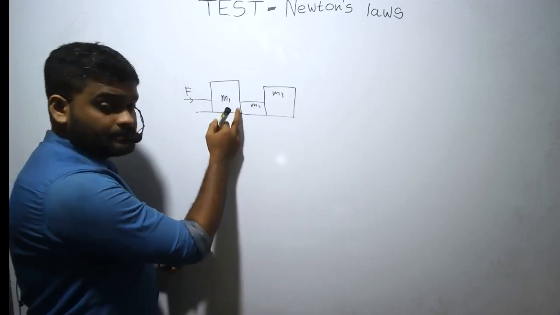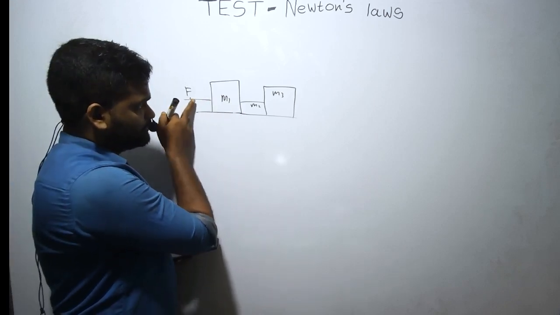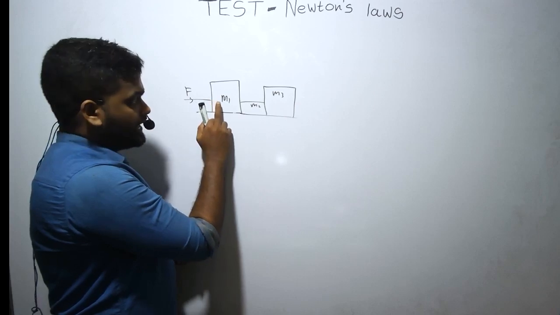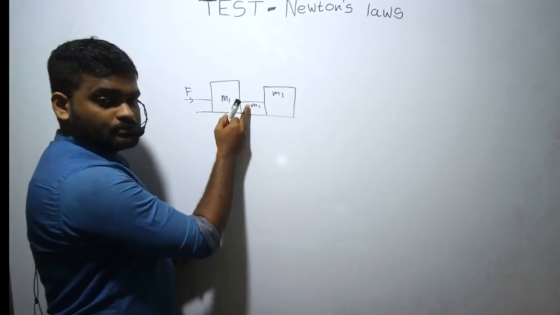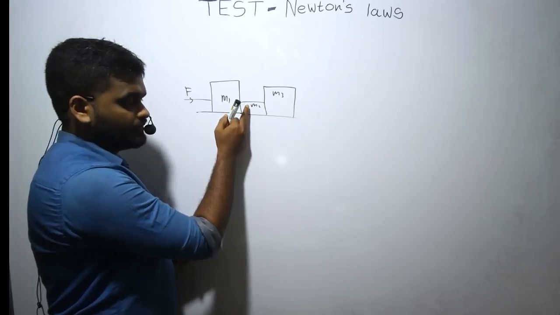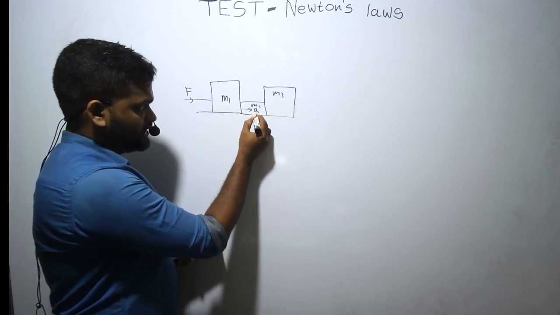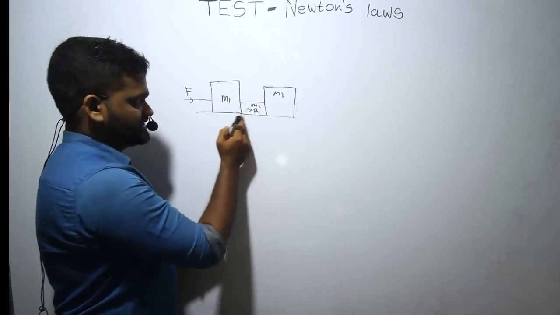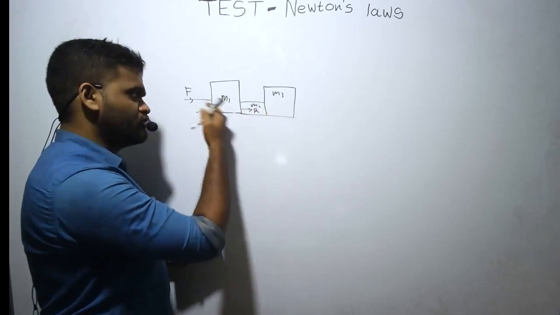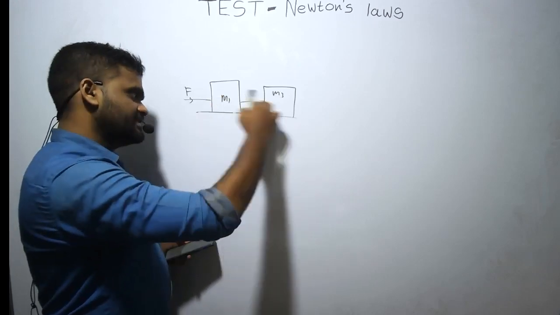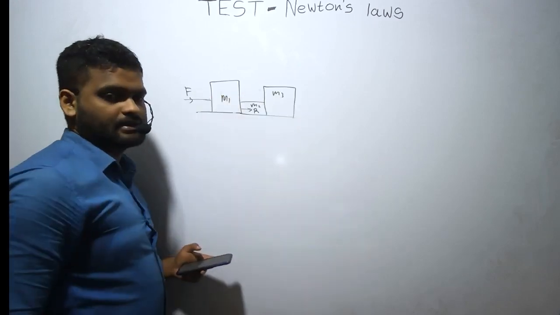They're asking about M1 and M2. Due to this force, M1 is pressed against M2. So M1 applies what is called normal reaction. There's normal reaction here as well, but there's no motion to that side, right? So I'm only considering normal reactions horizontally.